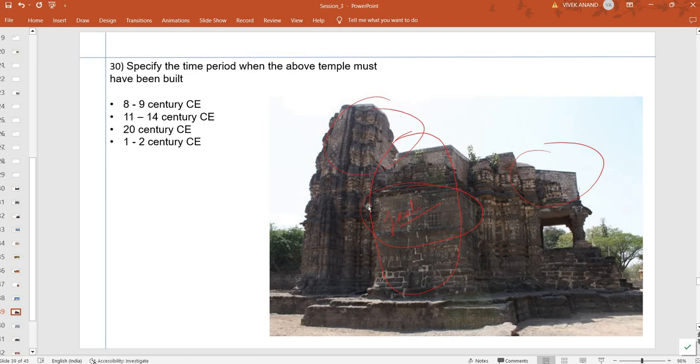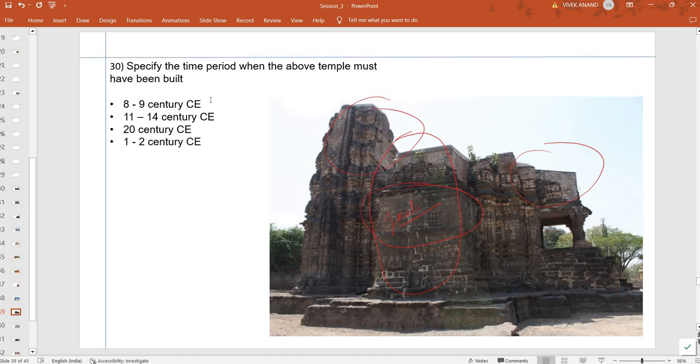And then it has used brickwork. So brickwork started during the 11th-12th century CE. So in that way you can say that it's an 11th to 14th century CE building. It cannot be 8th to 9th century because at that time these jali works were not getting carried forward from Gujarat.